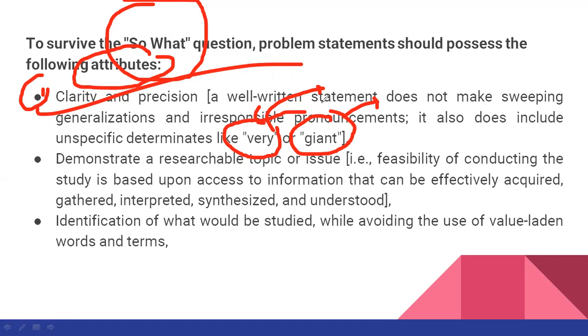If to be included, in what way or why? And if better not to be included, then what is the reason? Try to analyze. Don't forget that I said that clarity and precision should be there in a research problem statement.